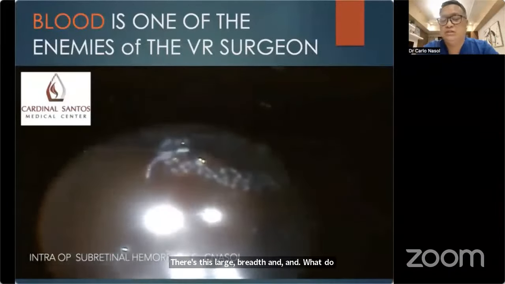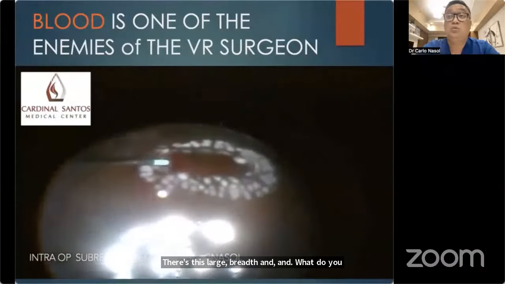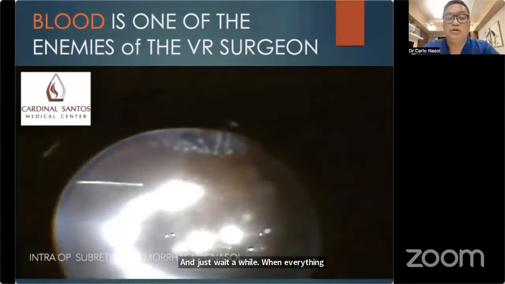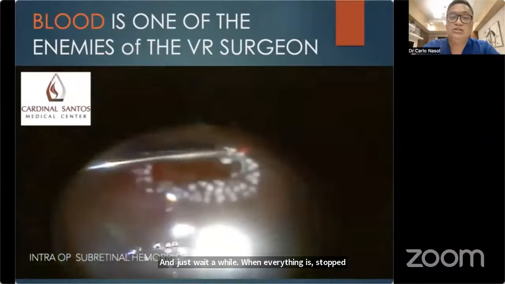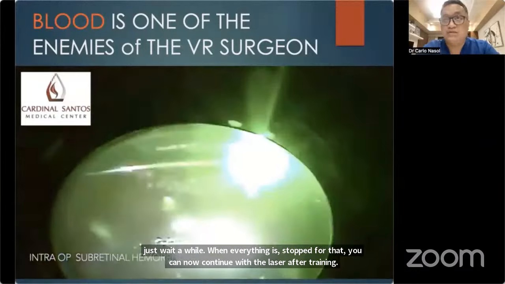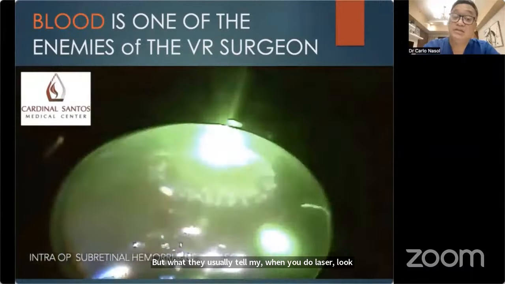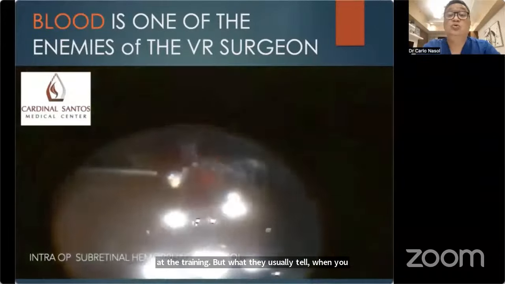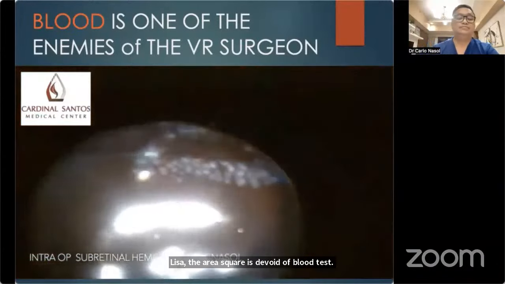What we usually do is just increase the intraocular pressure and just wait a while. When everything is stopped or tamponaded, you can now continue with the laser after draining. So what I usually tell my fellows is, when you do laser, look at the area where you're aiming your laser. Laser the areas that are devoid of blood vessels, so this event will not happen.